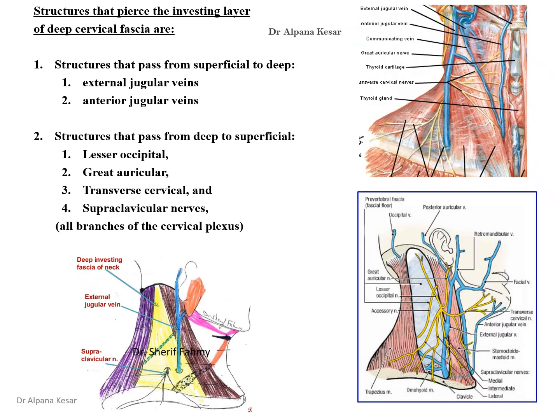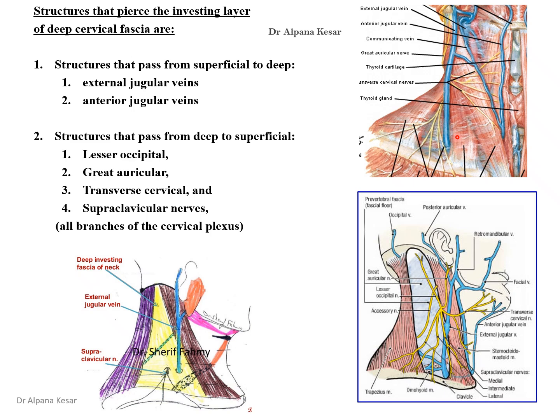Certain structures pierce the investing layer of deep cervical fascia. Some structures pass from superficial to deep, and other structures pass from deep to superficial after piercing the investing layer of cervical fascia.